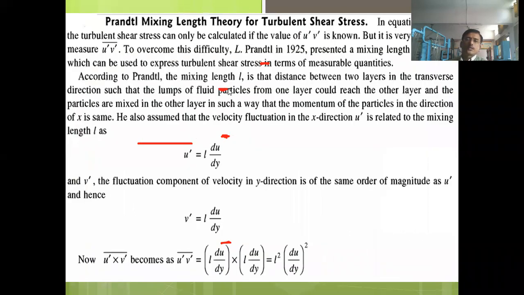Then next write down the title, Prandtl mixing length theory. Prandtl is the name of the scientist who proposed this theory in 1925. Prandtl mixing length theory for turbulent shear stress.